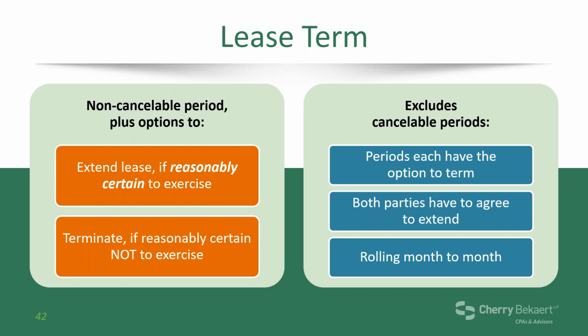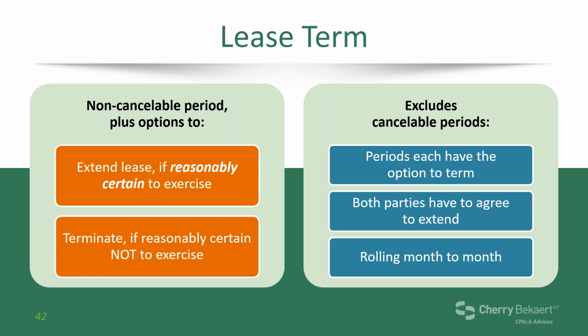The lease term is another area of this standard that has changed significantly from current practice. While we have typically considered the lease term as the minimum required term, we are now going to use the maximum, which may involve some judgment. Under the new standard, the lease term is the period during which the lessee has a non-cancelable right to use the underlying asset.